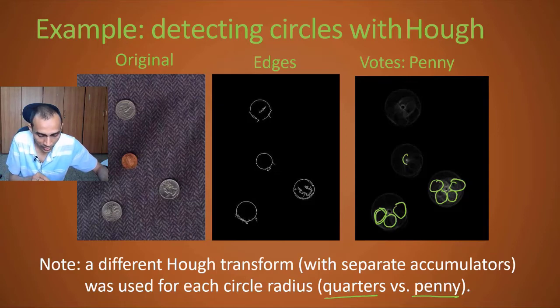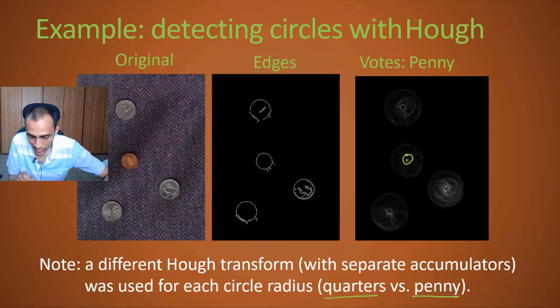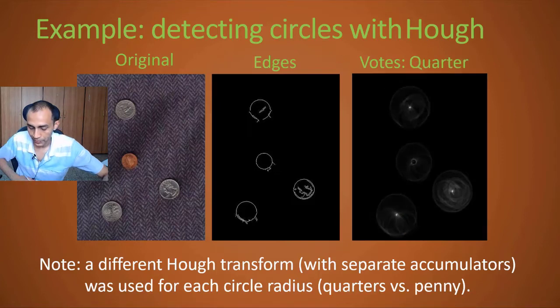And if you use the radius value of the quarters instead of the penny, then you can see now we have a strong response at the center of these quarter locations and dim response for the penny. So this will help us to detect the quarter location.